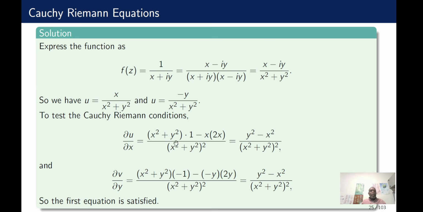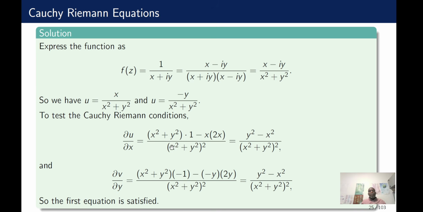You use the quotient rule, and you end up with this, because here you end up with the y squared, but there will be two of these, and there is one of this. So there are two negatives, so y will become negative. So du/dx becomes that. You differentiate v with respect to y, using the quotient rule, and you get this. So the first Cauchy-Riemann equation is satisfied.